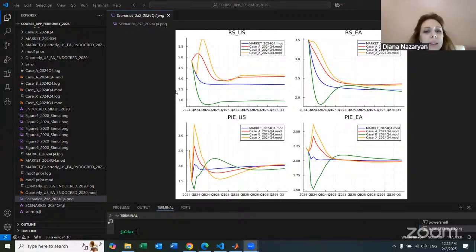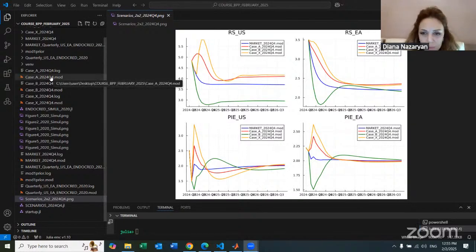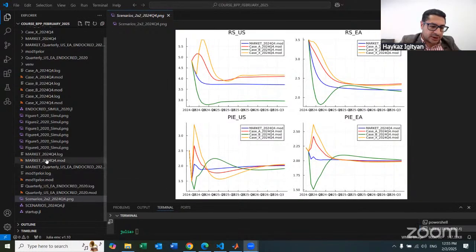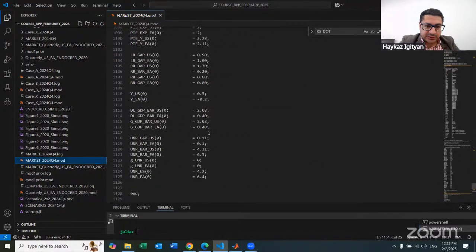If you mean that this is actual data, why is it going to 1.5 and after the shock going higher? Okay, let's check. Yeah, that's a good question. Let's check the initial conditions for inflation.